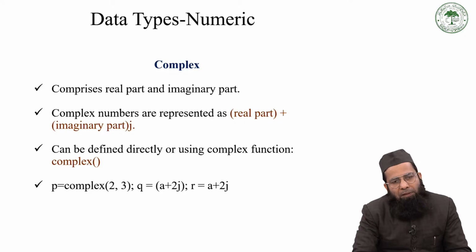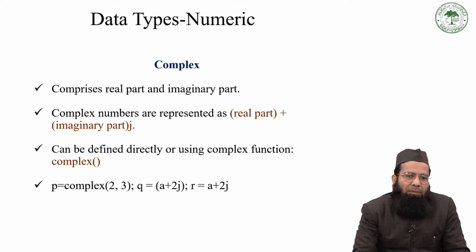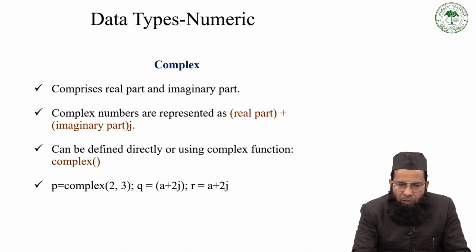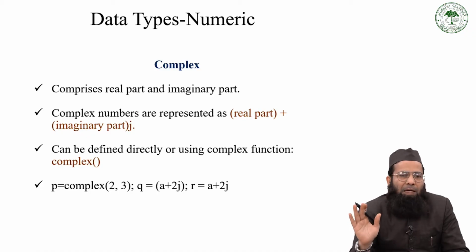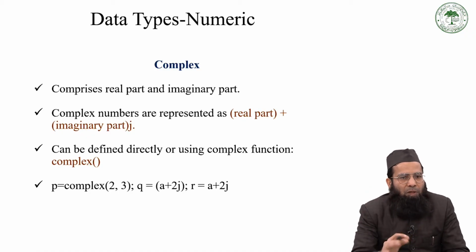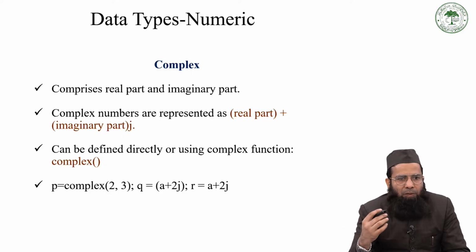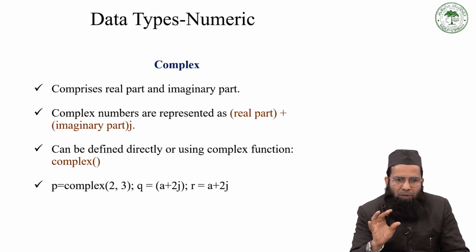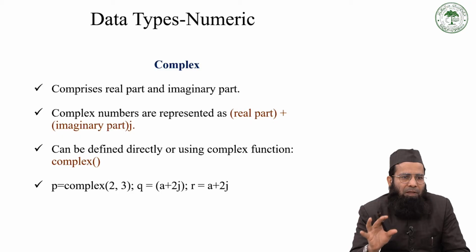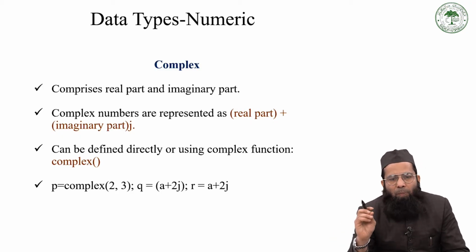Similarly, a very important data type is complex. Like in C, C++, there is no such data type, so Python has introduced a very useful data type as far as complex numbers are concerned. It comprises a real part and an imaginary part. It can be defined directly or using the complex function.